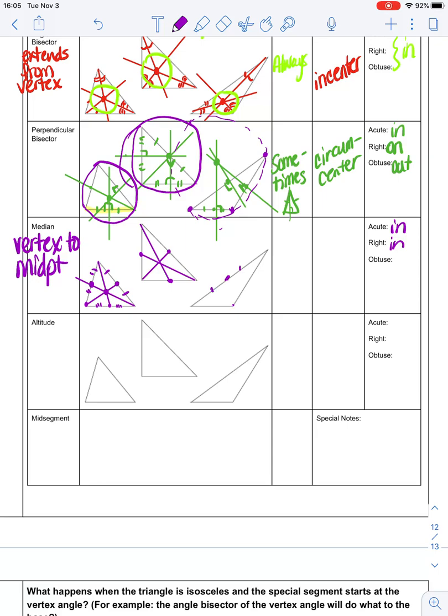When we go from the vertex to the midpoint of the opposite side for each vertex, notice that even in an obtuse triangle, the point of concurrency is inside. So the vertex is always included in a median because it has to extend from the vertex.